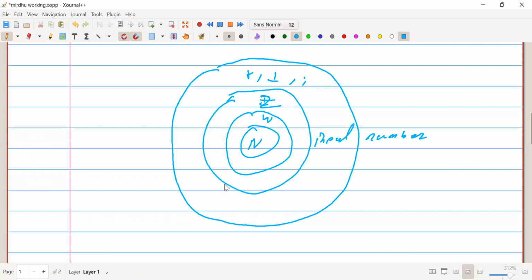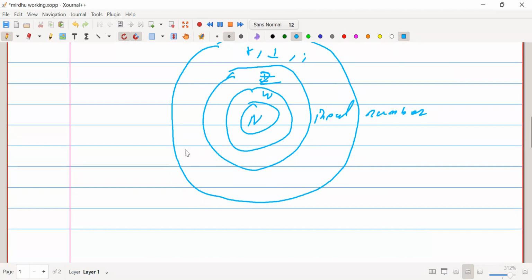With this as a base, we'll proceed to the next level. So that's what real numbers are all about.